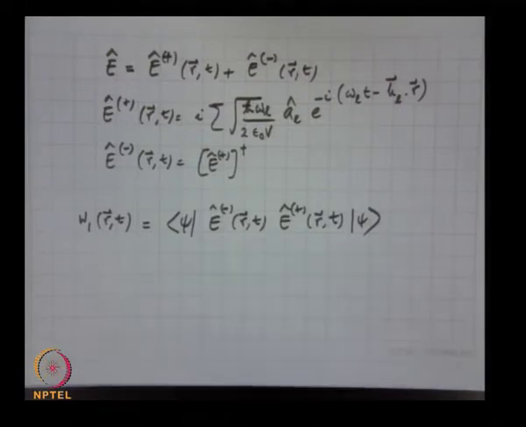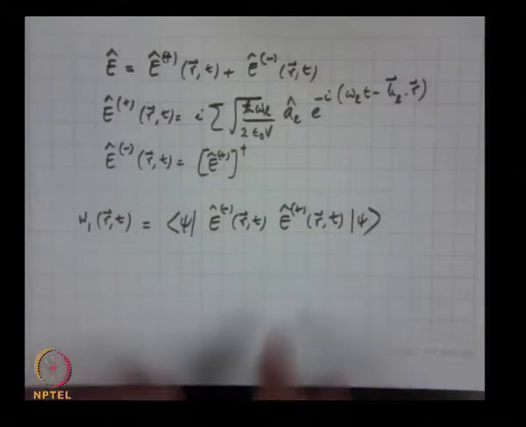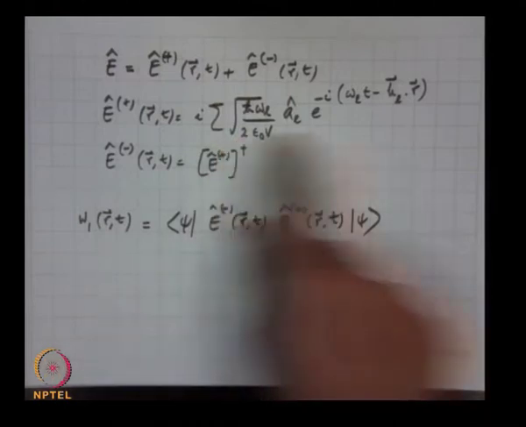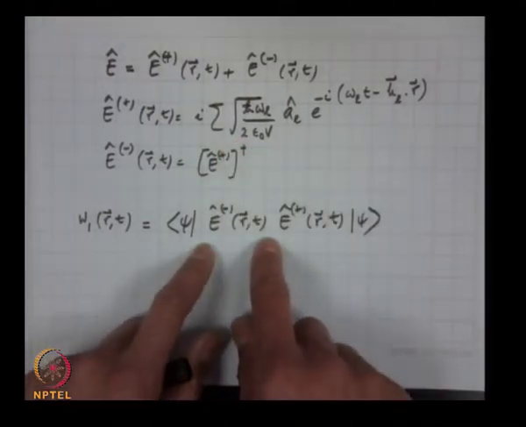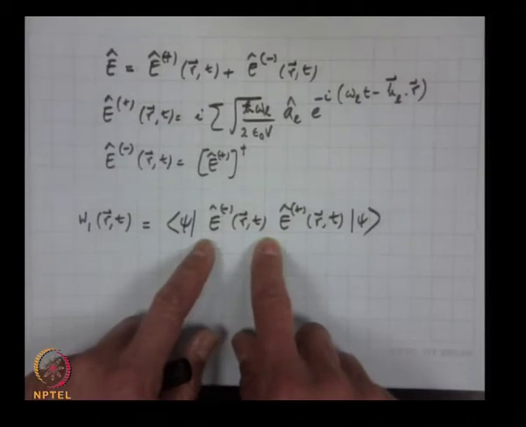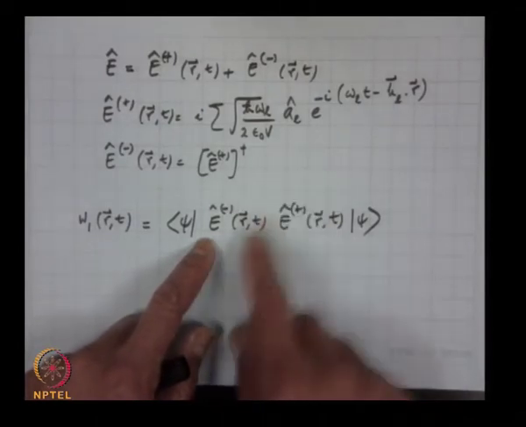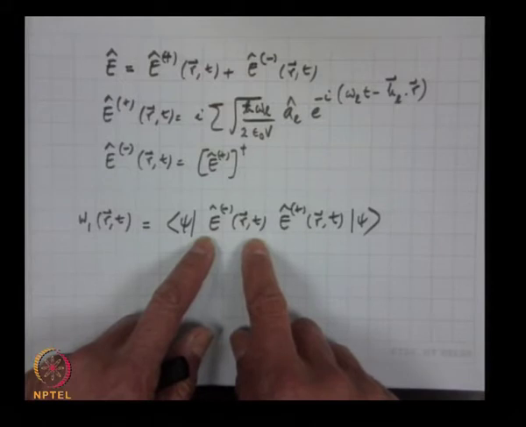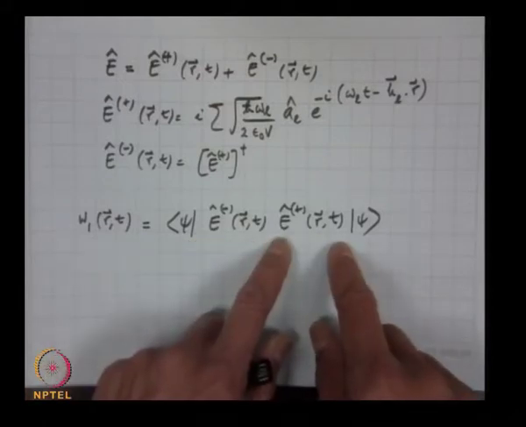It is a product of E minus and E plus, and note that E plus contains the a operators and E minus contains the a dagger operators. Remember this is the total electric field of all the modes of the system, and all the creation operators are on the left and all the annihilation operators are on the right.